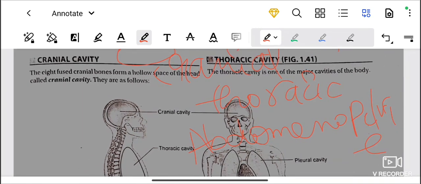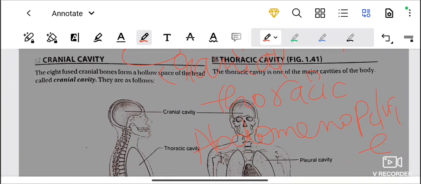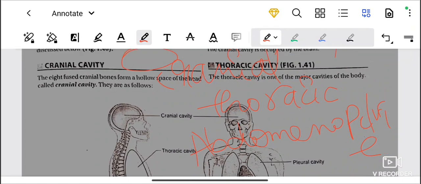In the abdominopelvic cavity, we will discuss the abdominal cavity and the pelvic cavity separately.